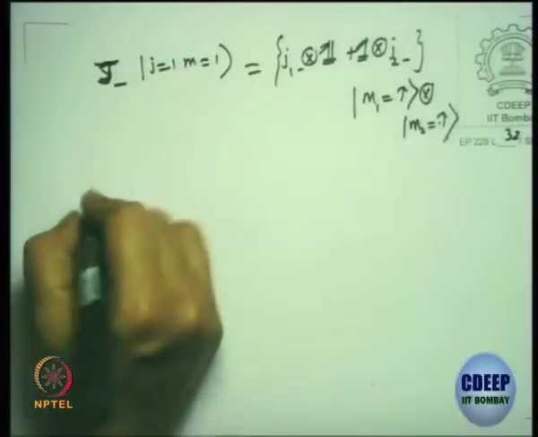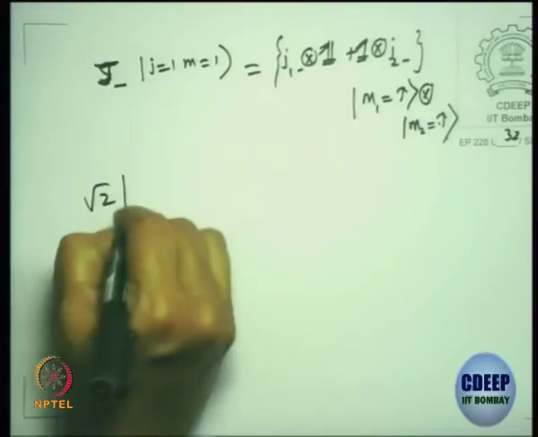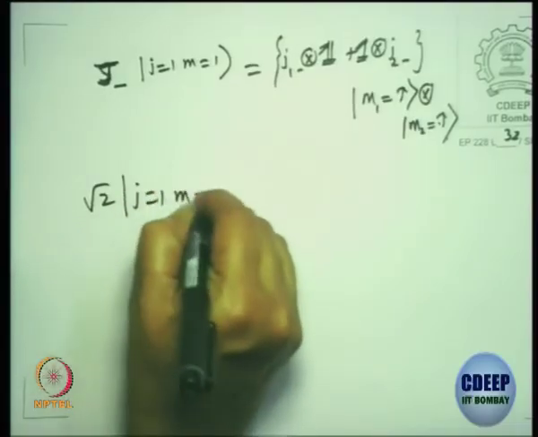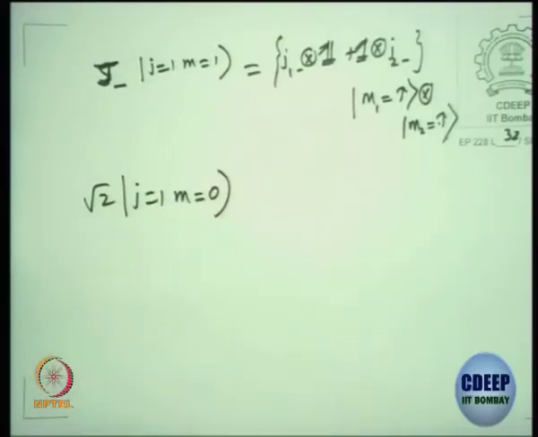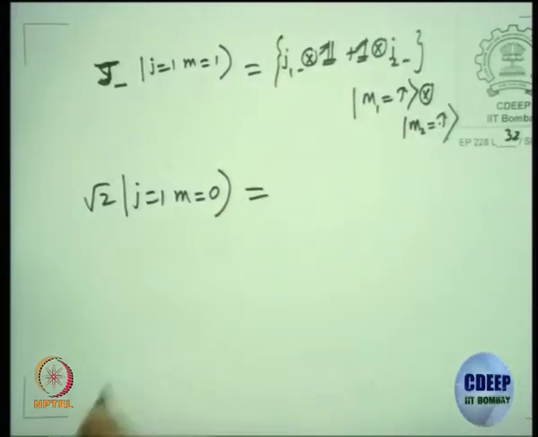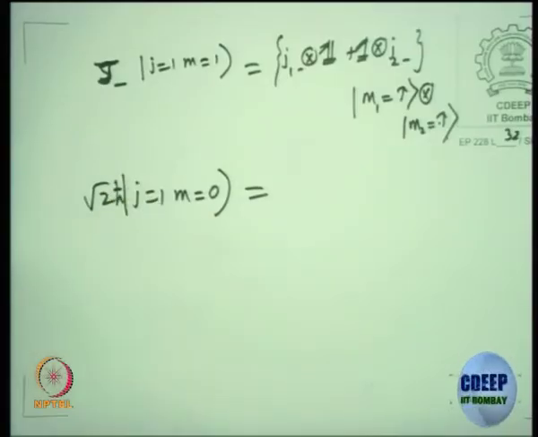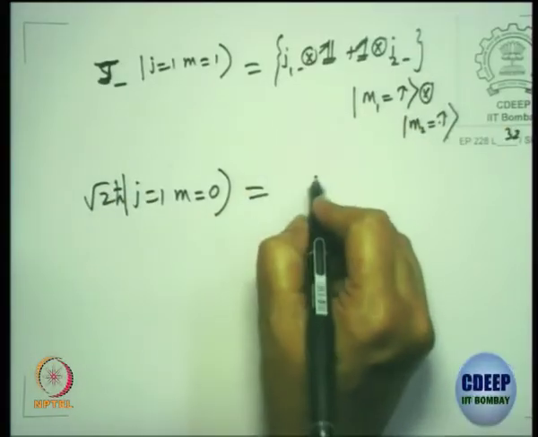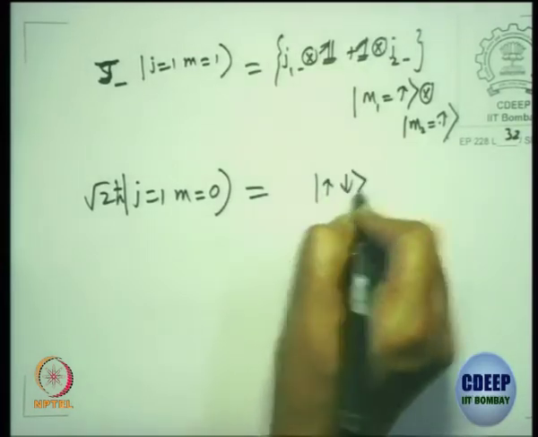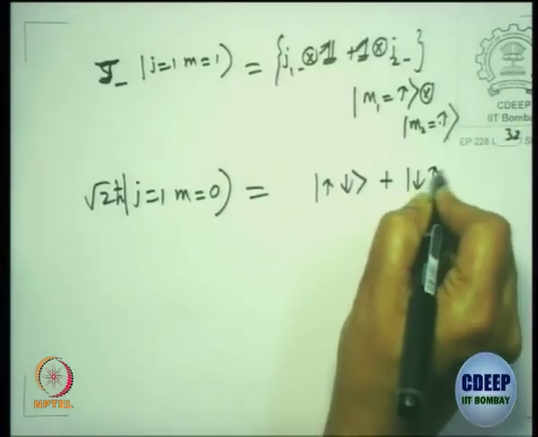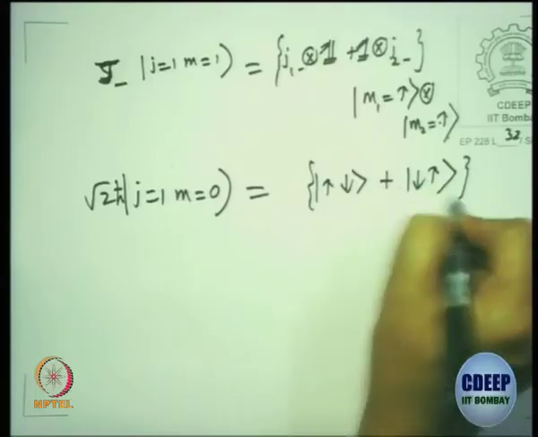This we have already done. This side is square root 2, j equal to 1, m equal to 0, with an h cross. And this side is going to be up down plus down up with an h cross.